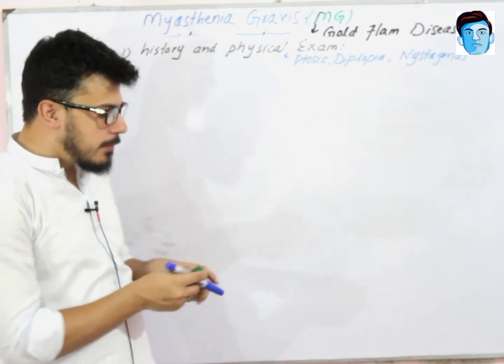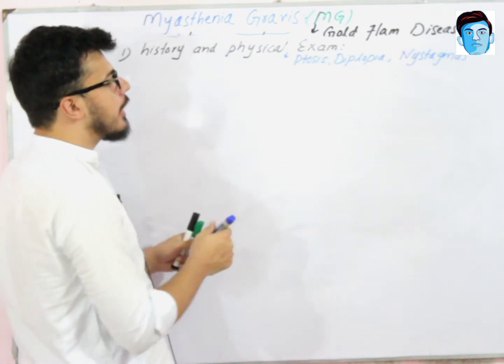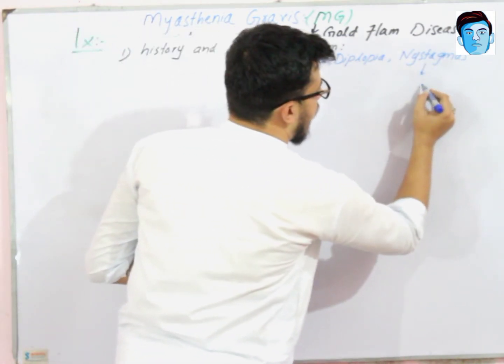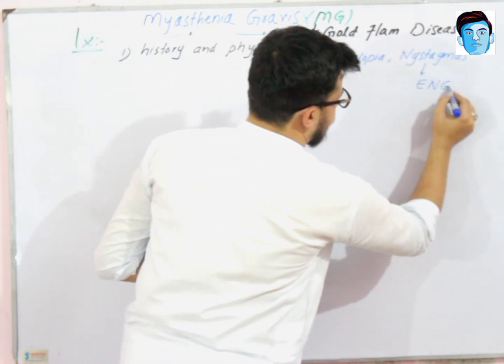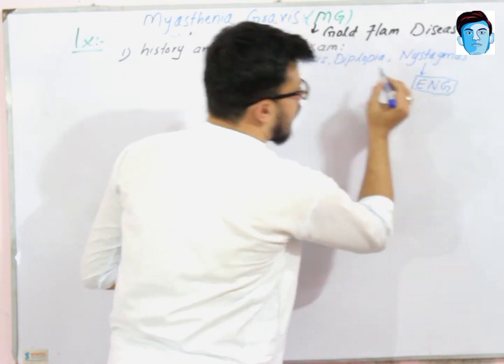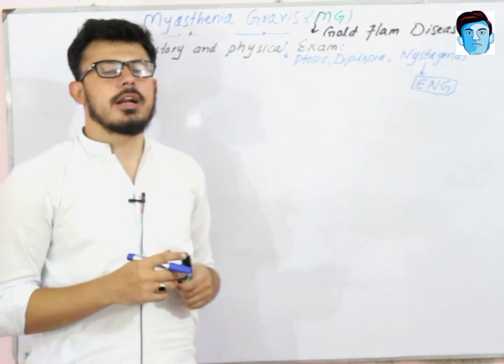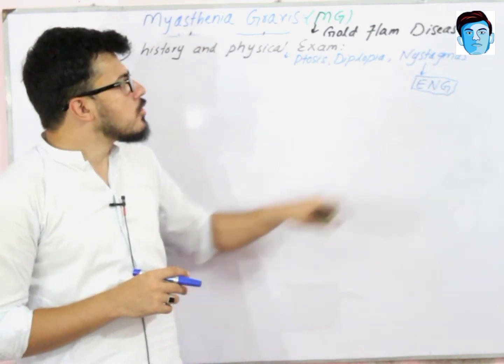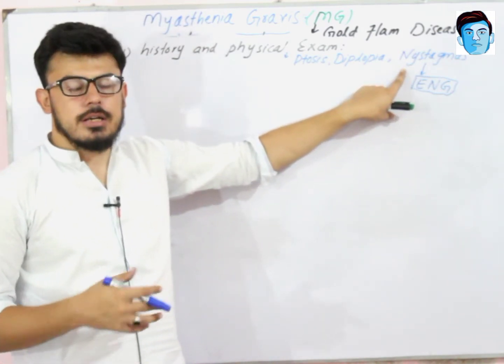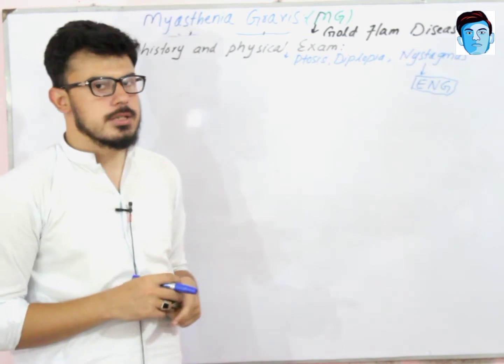For nystagmus, we have another very important investigation called electronystagmography, in which we see the electrical activity in the eye, specifically for nystagmus.